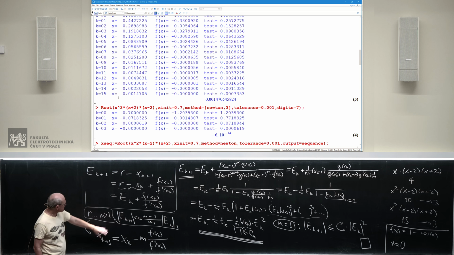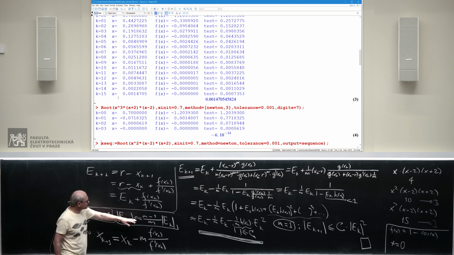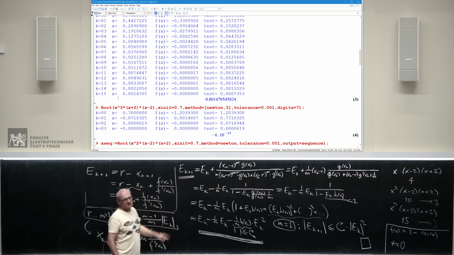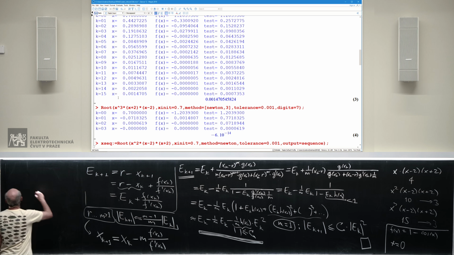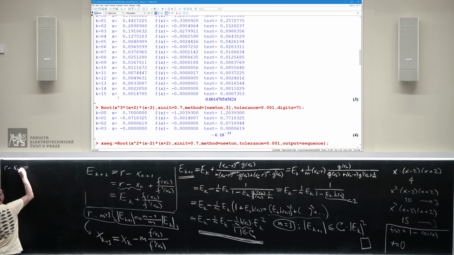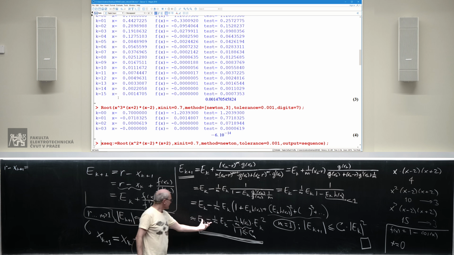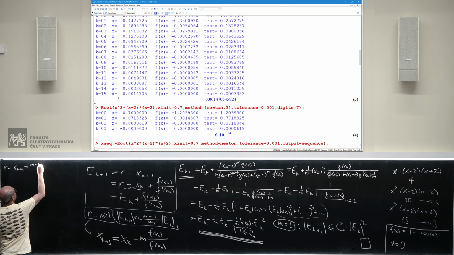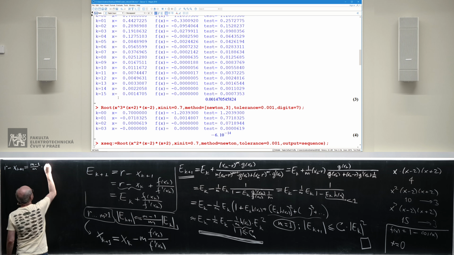So, on the left, and let me skip the absolute values, let me go back to this formula. There is the error of the next approximation, which is r minus x_{k+1}. Now, when I put together the fractions and factor out e_k, I get (m minus 1) over m, times e_k, which is r minus x_k.